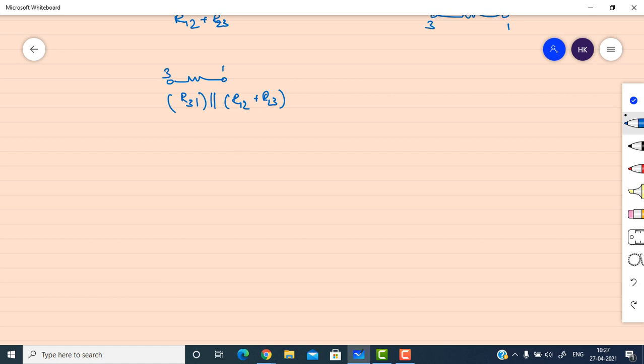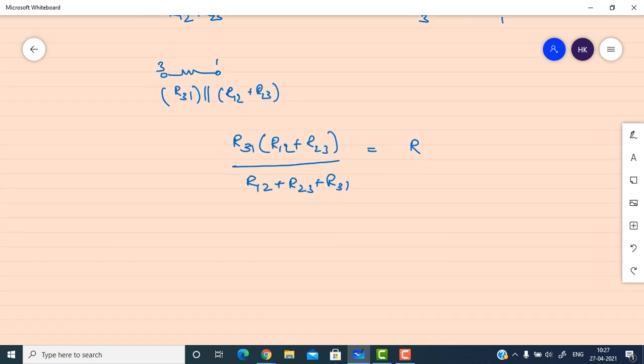This equivalent resistance is R31 into R12 plus R23, divided by R12 plus R23 plus R31, is equal to, between the 3 and 1 terminals in the case of star, what we got? RA plus RC, right? RA plus RC.